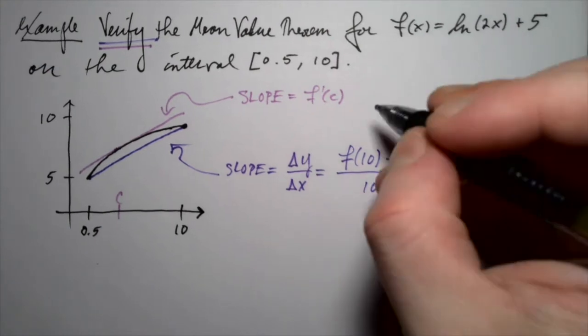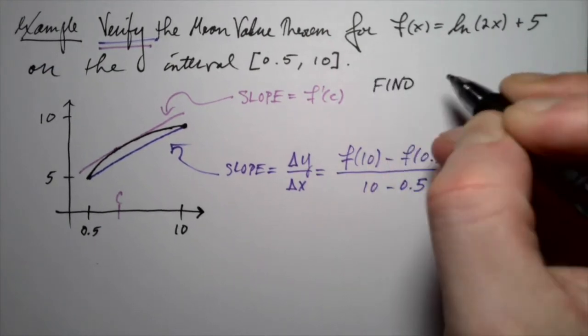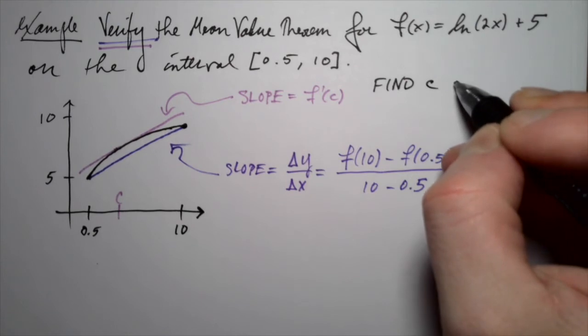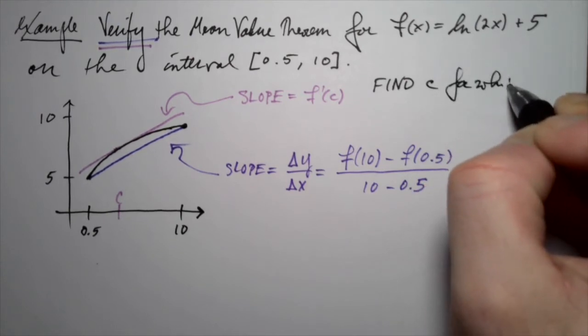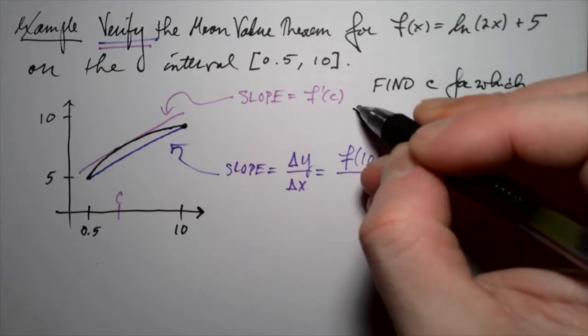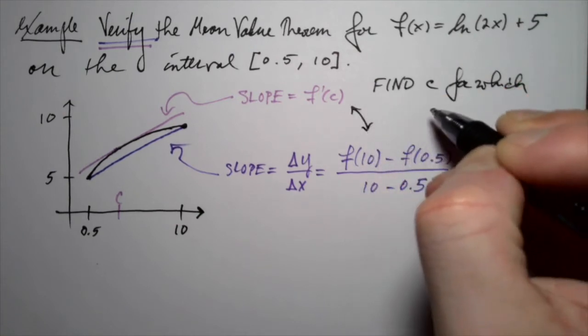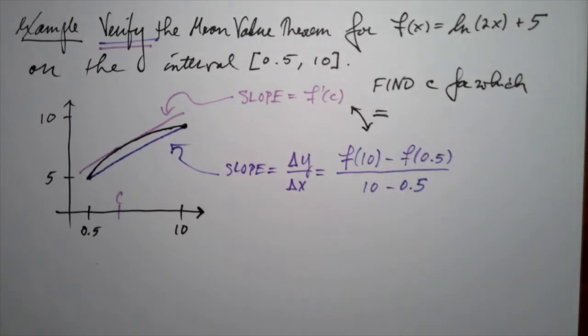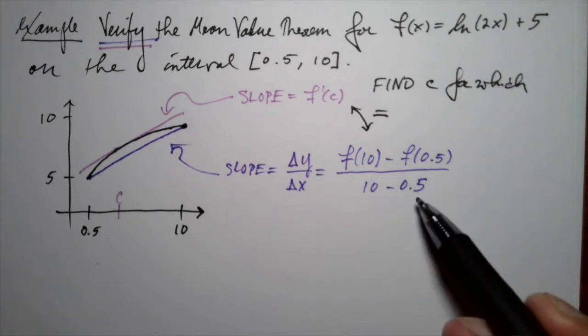That just means that we want to find a value of c for which these two numbers are equal. We're trying to find a value of c that makes f prime of c equal to that overall average rate of change. Okay, so to do that, we first need to compute this number.